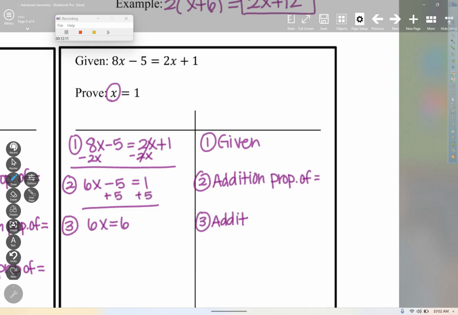Sometimes they repeat themselves, and that is okay. All right, the last step is I divide by 6. And so step 4, well, the 6s cancel, so I'm left with x is equal to 1, right? And I divided, and that is called multiplication property of equality.